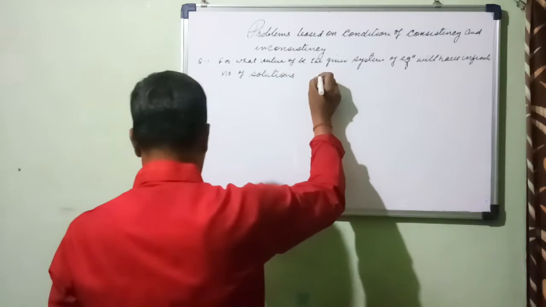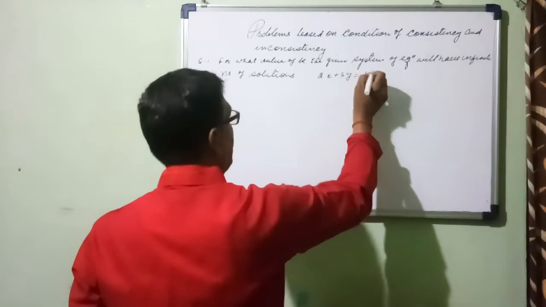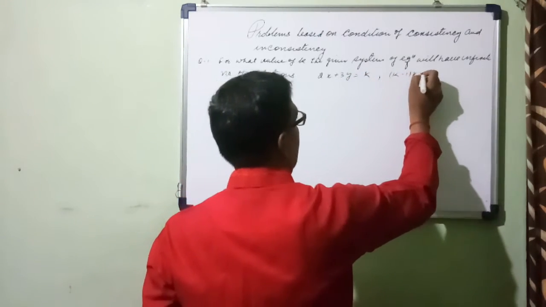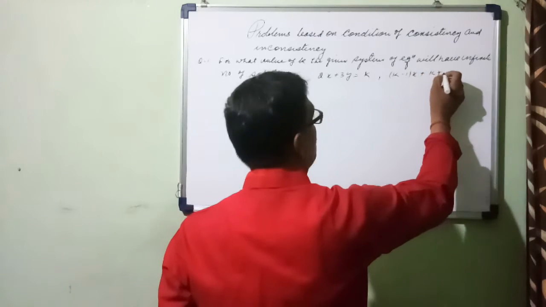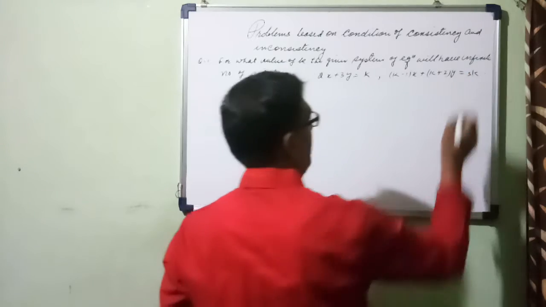The equations are 2x plus 3y is equal to k, and (k minus 1)x plus (k plus 2)y is equal to 3k.